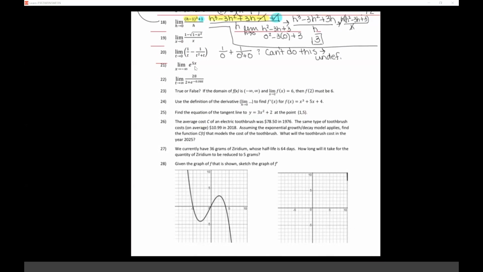But what do you notice about the limits here in 21 and 22? Anybody notice anything? They're going to infinity. Yeah, infinity and negative infinity.